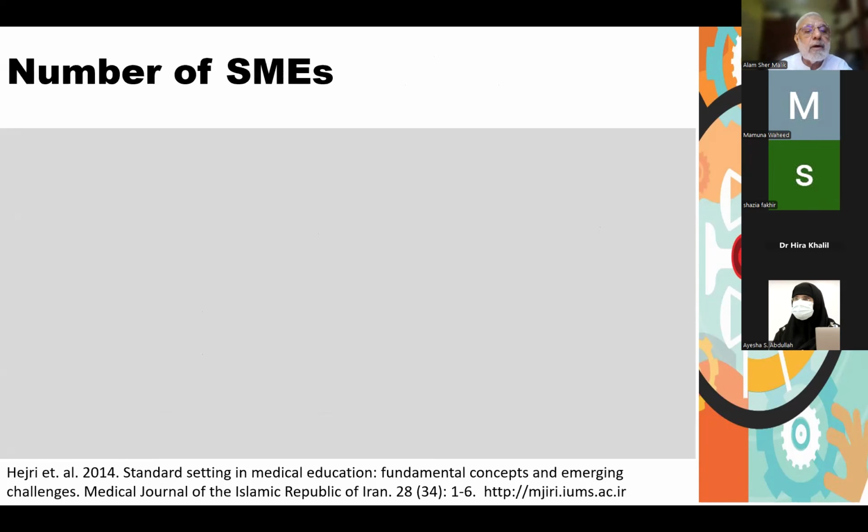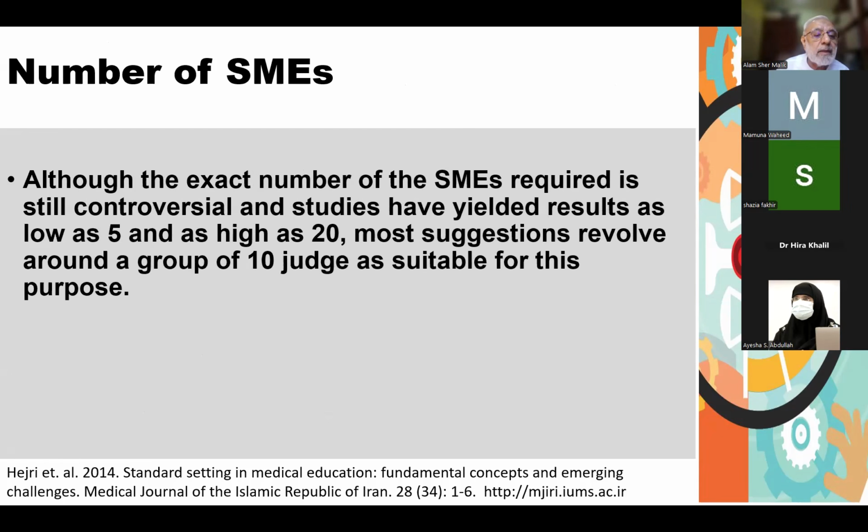Now, how many SMEs are required? That was the question asked previously also. Although the exact number of SMEs required is still controversial, and studies have yielded results as low as 5 and as high as 20.